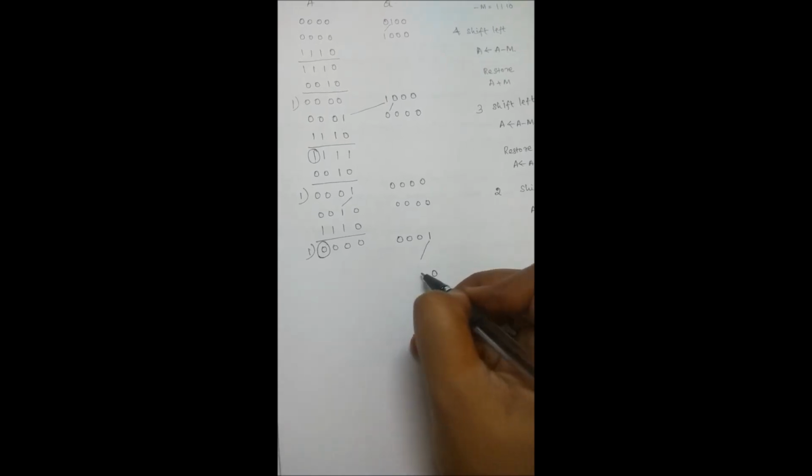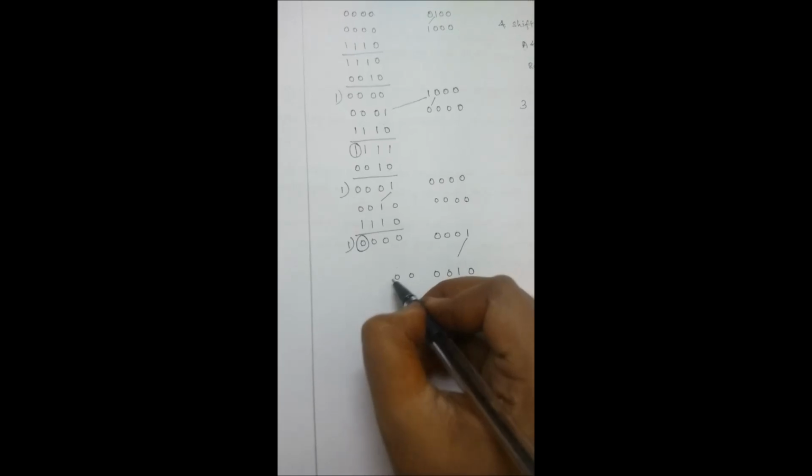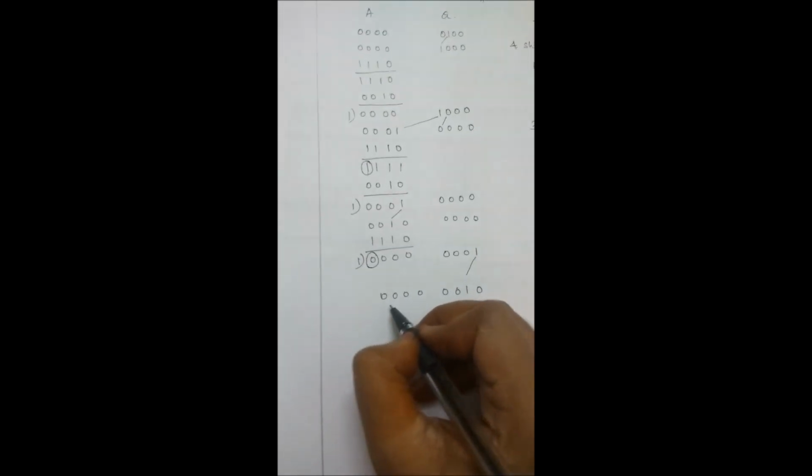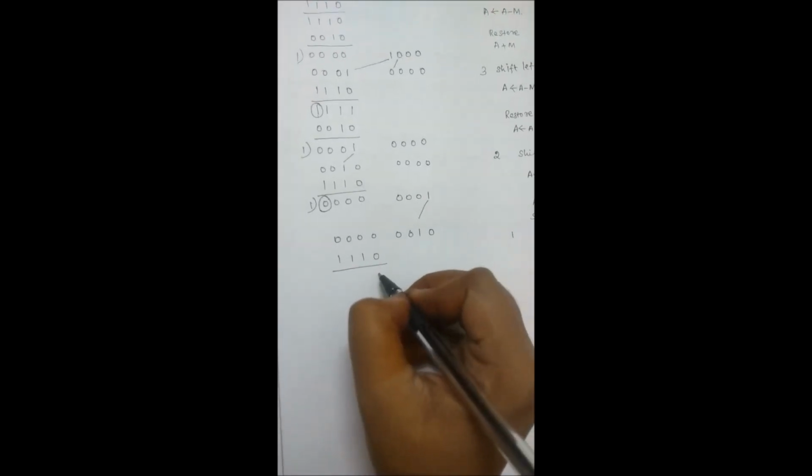So this 0 and this 1 0 0, and these are all 0 0 0 0. So everything is 0. After this, in A we are going to store A minus M. The minus M value is 1 1 1 0. So add these two values, 0 1 1 1.